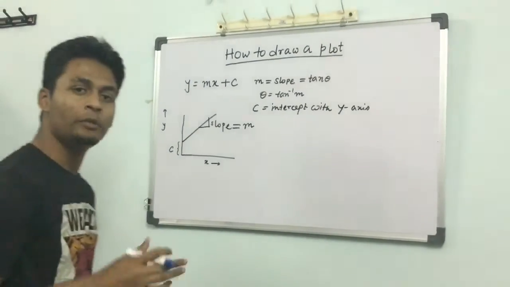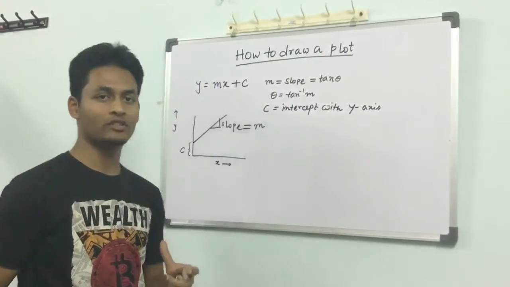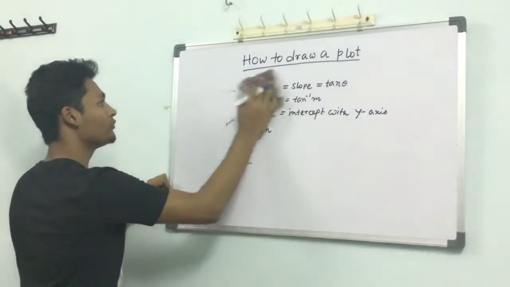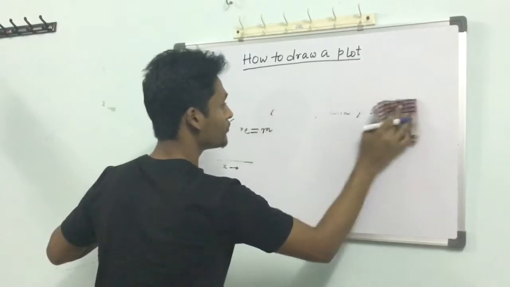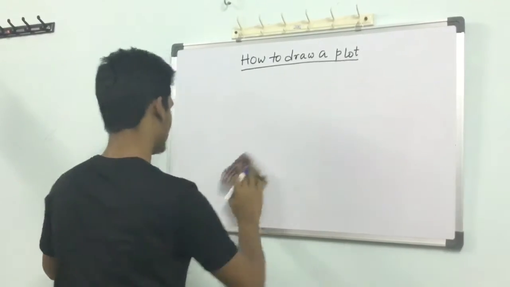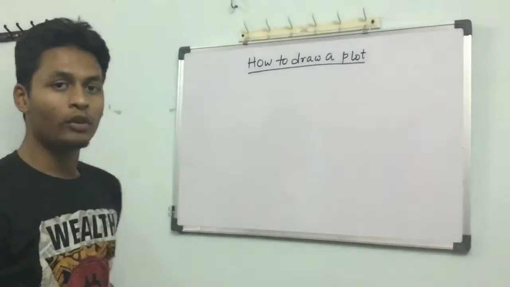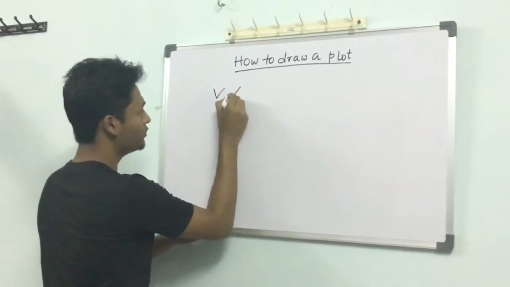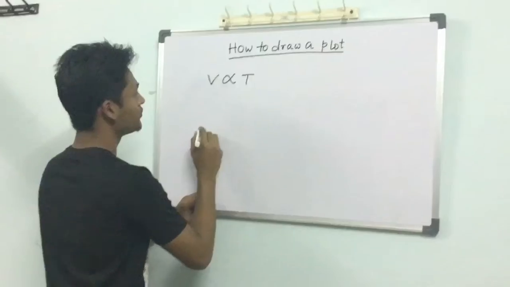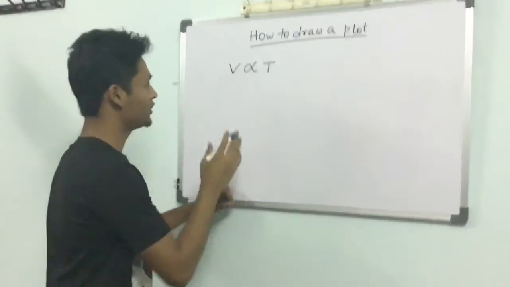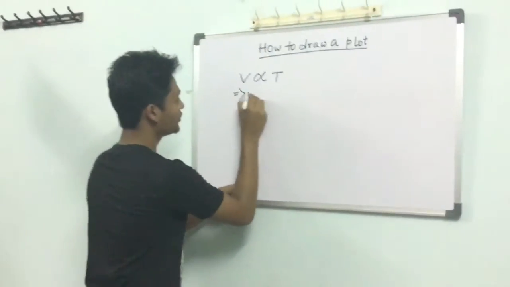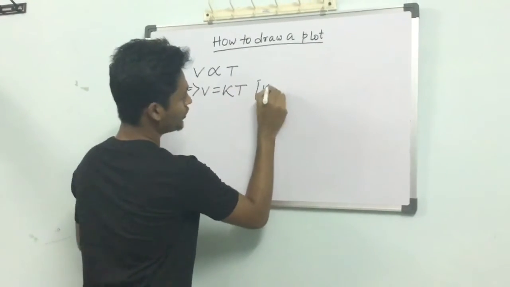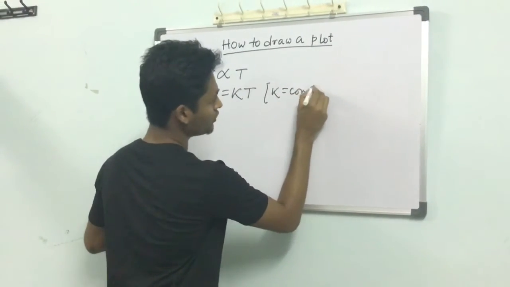So let me take some examples from chemistry. You all know about Charles' law, that is V versus T. You can write it as V equals KT, where K is a constant.